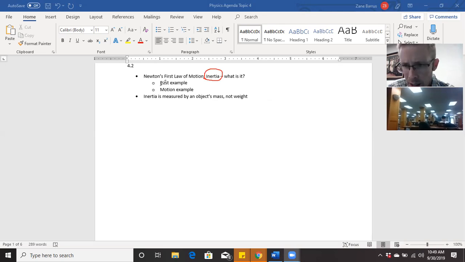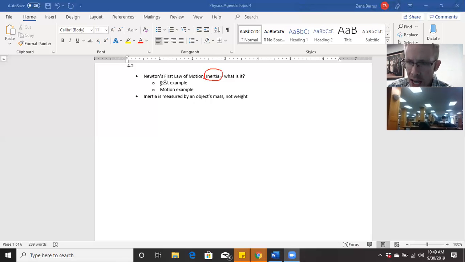Another classic example, if you've ever been in a car going around a sharp curve, you might notice that as you're going around that sharp curve, your body might slide across the seat. Have you ever experienced that before? Yeah, everybody has, right?